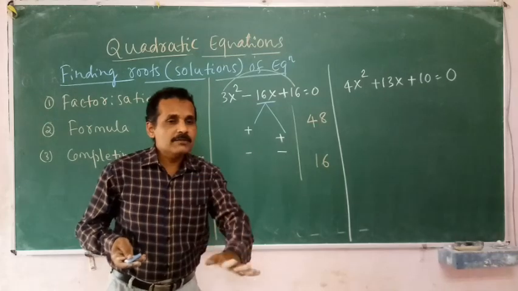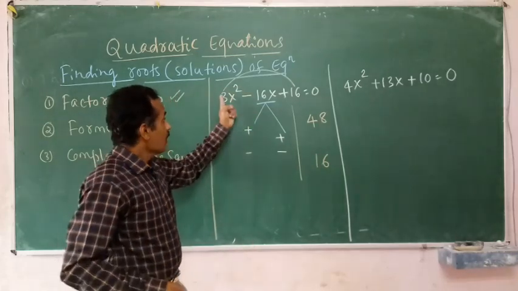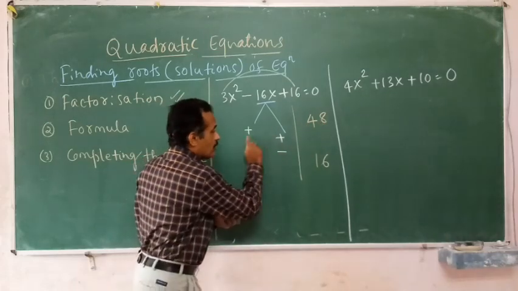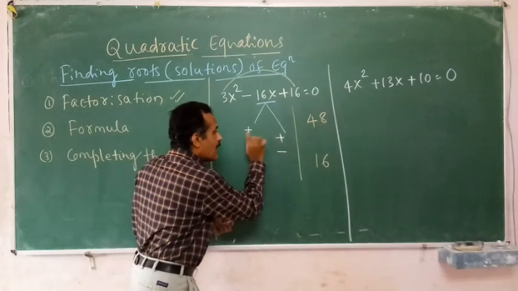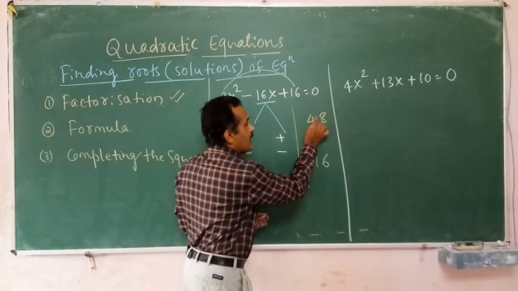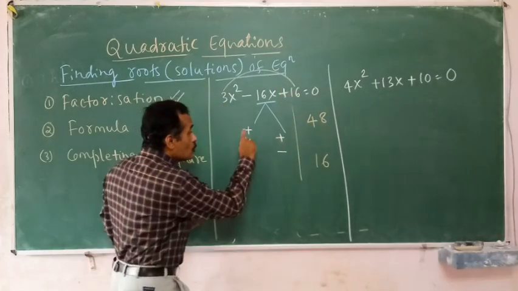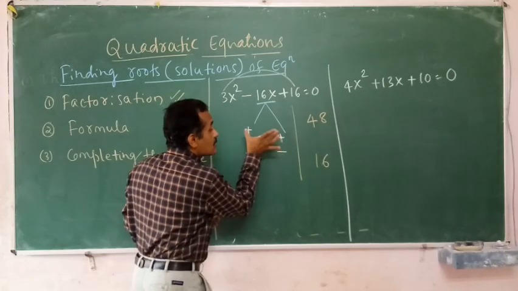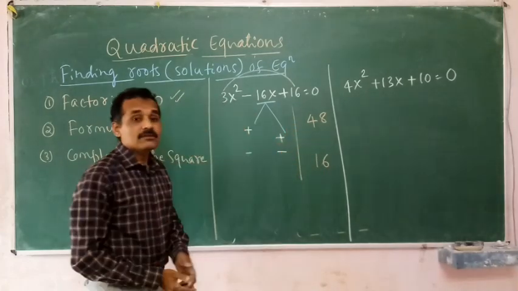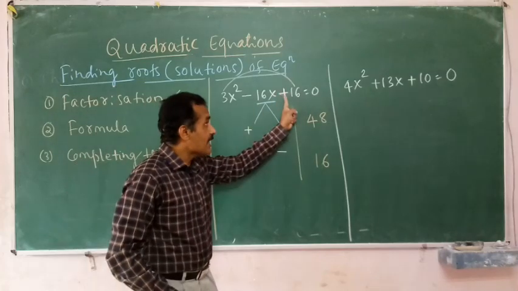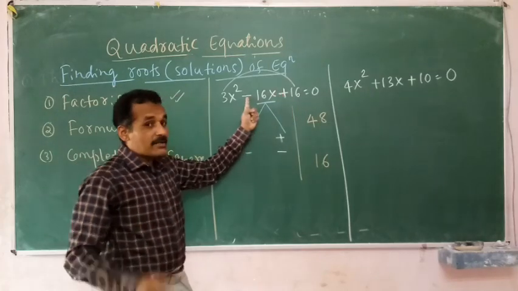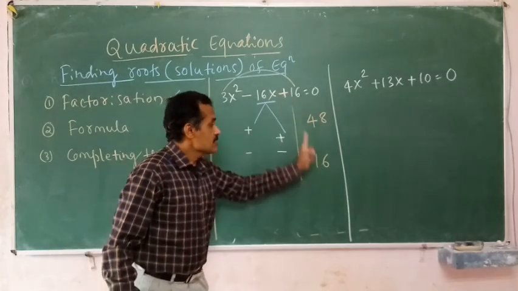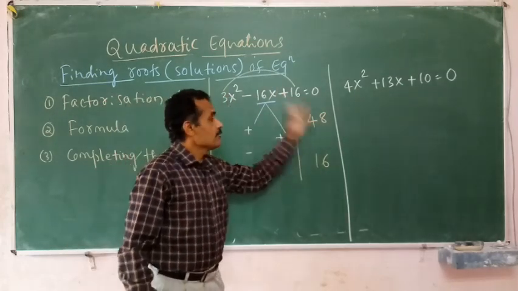Understand it comfortably. 16 3s are 48. That means you have to find two numbers. When you multiply those two numbers, the product must be 48. And when those two numbers are added, the sum must be 16. On adding, don't see this minus sign. On adding 16, on multiplying 48.